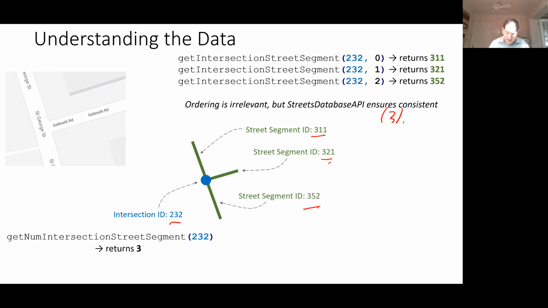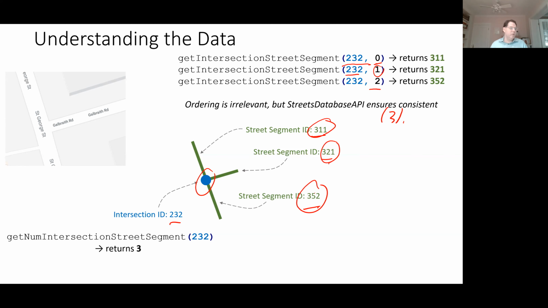Oh yeah, I should have clicked through the animation. Get intersection street segment for intersection 232 and the 0th street segment would return 311 in this case. When I ask the same question with index 1, I would get 321. And when I ask with an index of 2, I'd get the last one.